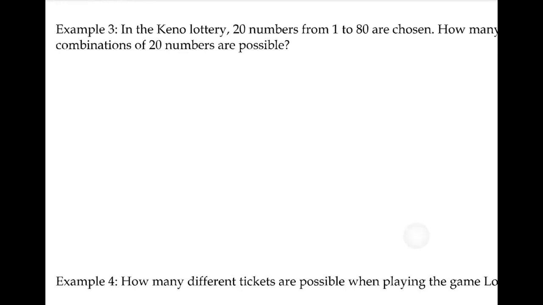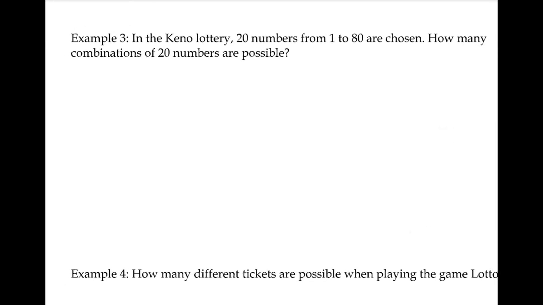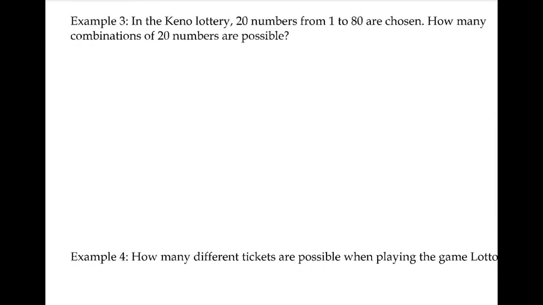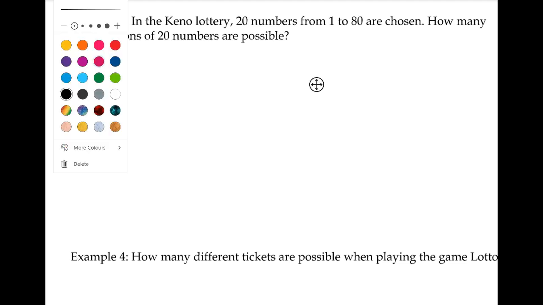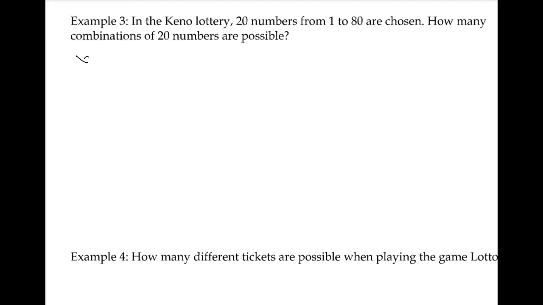So example 3, let me zoom out a bit so the whole example is showing. In the Keno lottery, 20 numbers from 1 to 80 are chosen. How many combinations of 20 numbers are possible? So a key thing here is that it doesn't matter the order of numbers drawn.